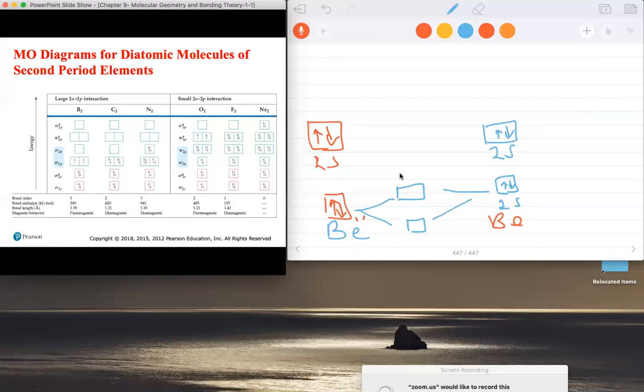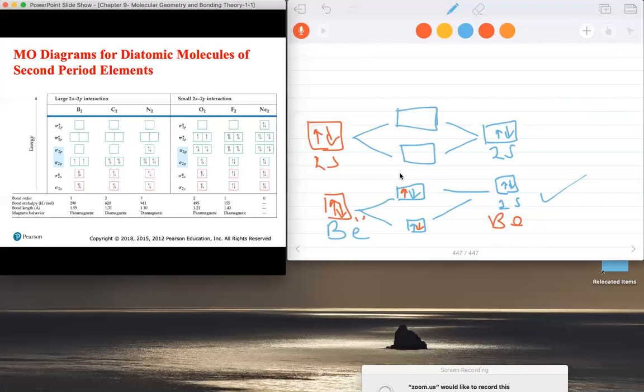So I'm going to have two orbitals like that. What I want to show you is how you fill that with electrons. If one is coming from this, the other one is coming from here. So we take care of that.